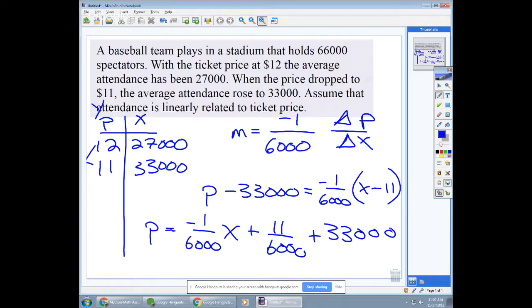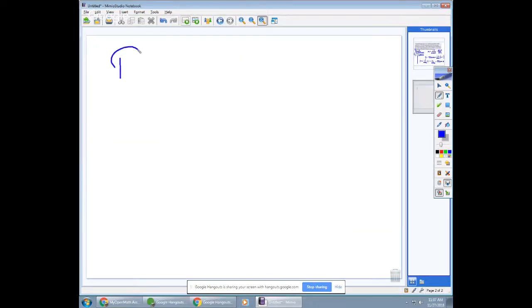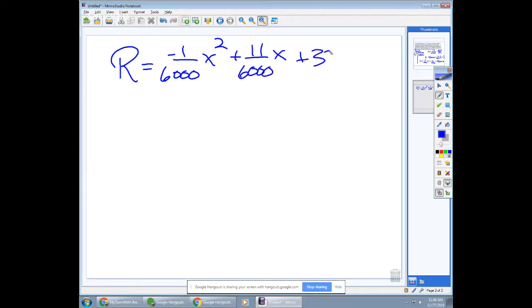Okay, so new page. Revenue is then going to be equal to negative 1 over 6,000 times x squared plus 11 over 6,000 plus 33,000 times x. That's my revenue equation, price times quantity.